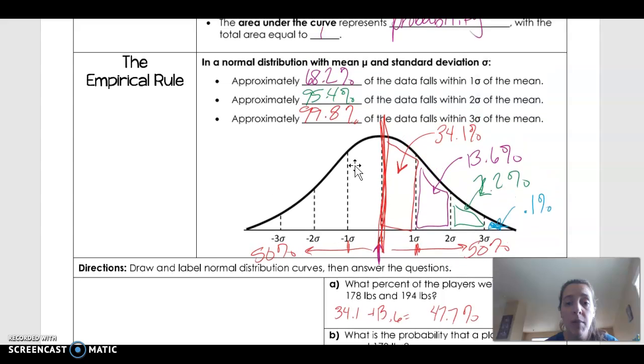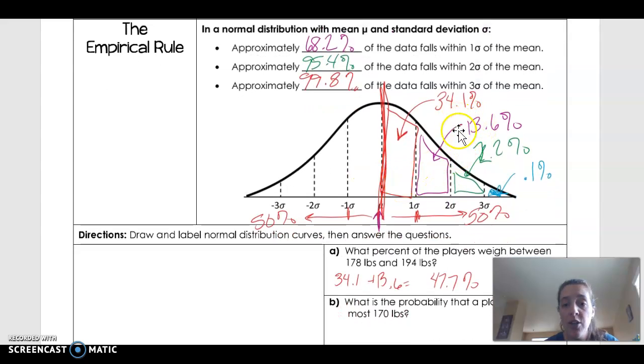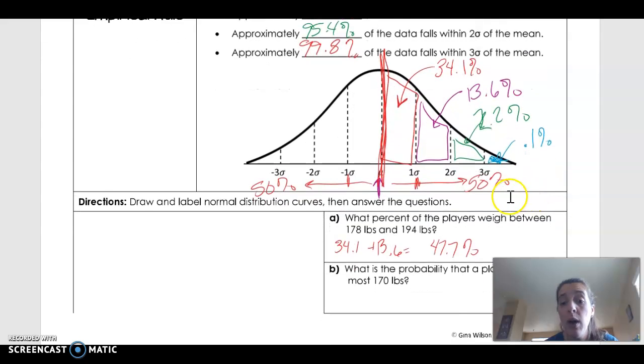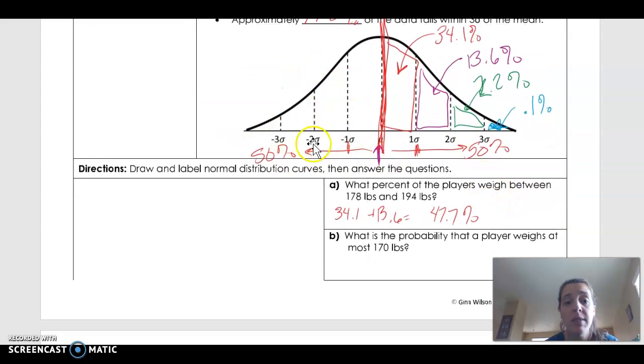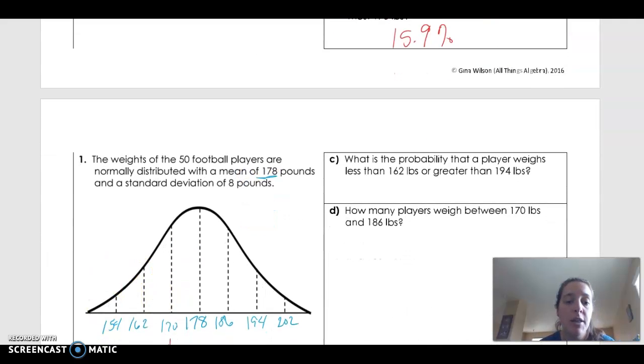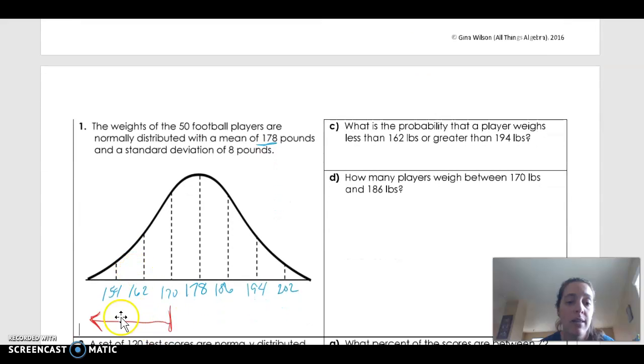So just looking at my curve above, I know I'm going to be adding my 13.6 and my 2.2 and my 0.1 together, because those are the same down here on this side, remember, since it's symmetrical, and I end up with 15.9%. That's the probability that one of my players would fall into this category of weighing, at most, 170. So now let's look at part C.